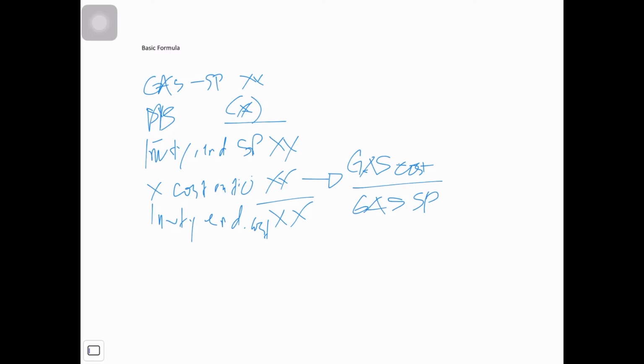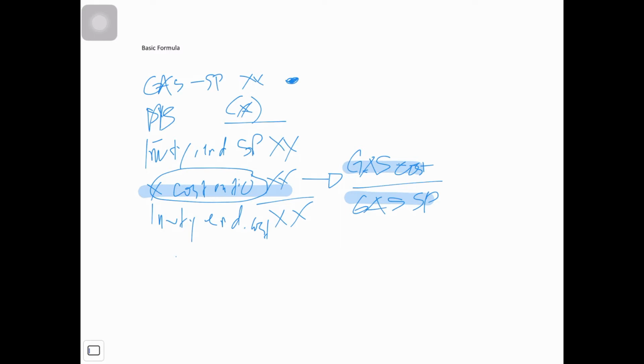However, guys, the cost ratio is not always the same as the goods available for sale that we record, because here our different approaches in estimating the retail method matter, right?